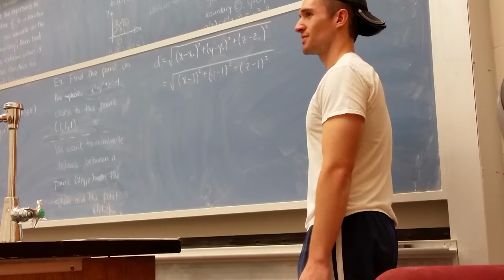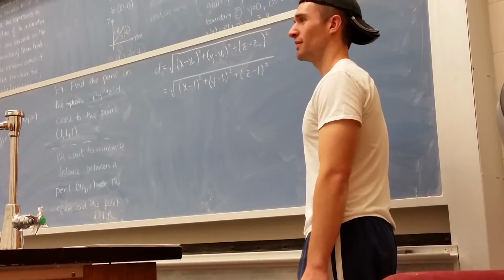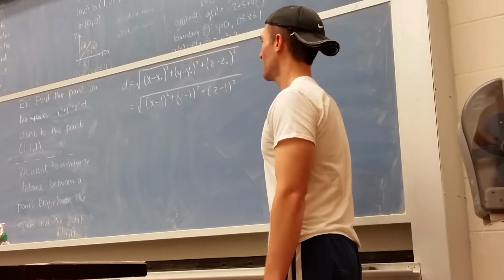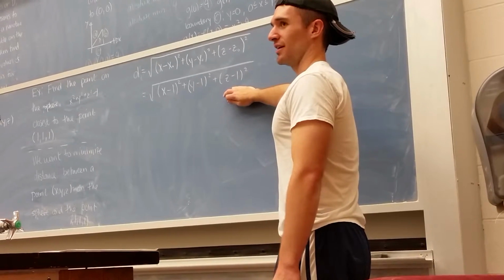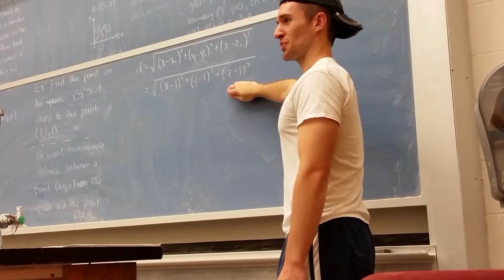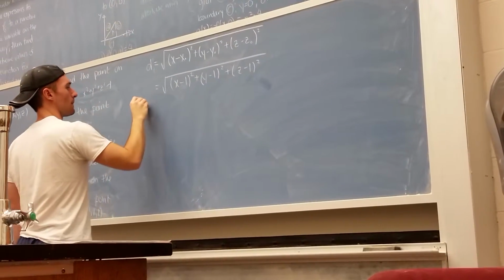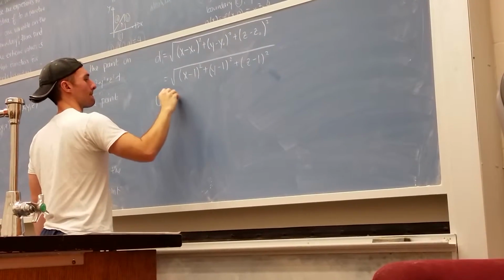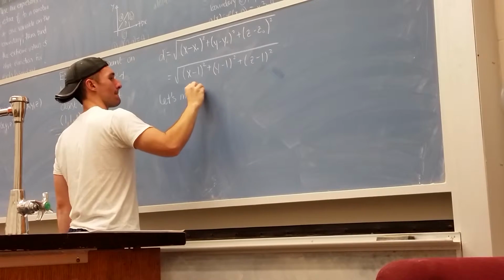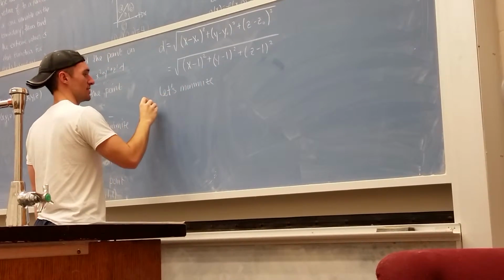I say that because we're going to have to take a gradient of whatever function we want to minimize. I don't really want to take a gradient of the square root function because it will have a bunch of square roots in the gradient. So let's minimize the stuff on the inside.